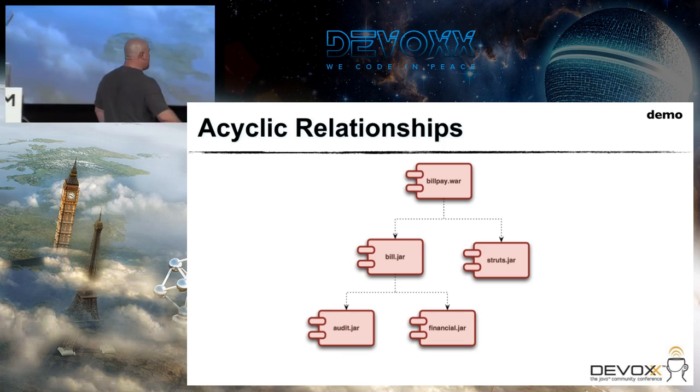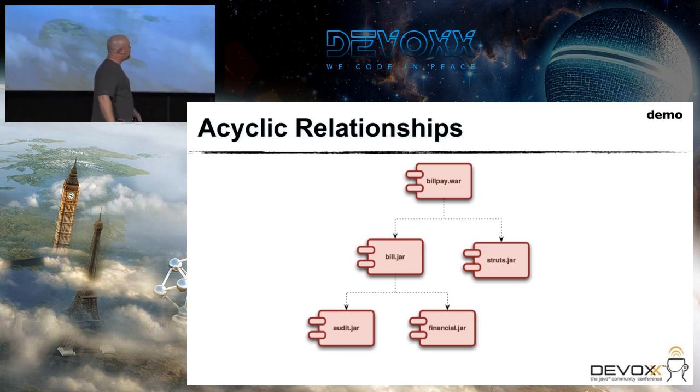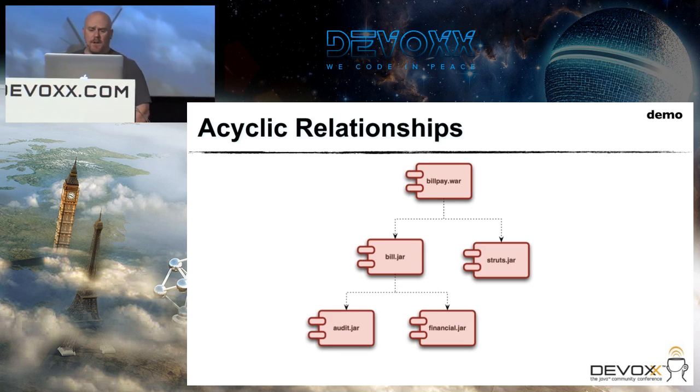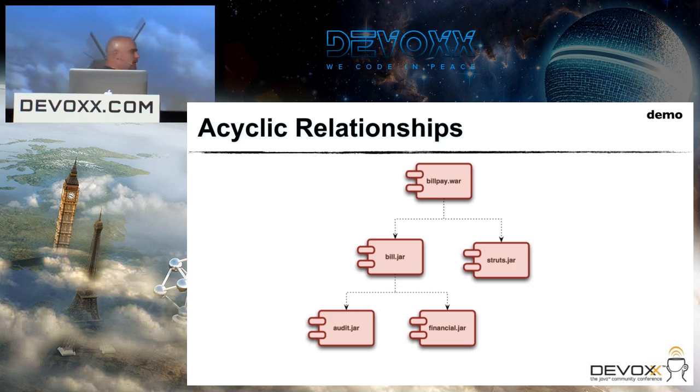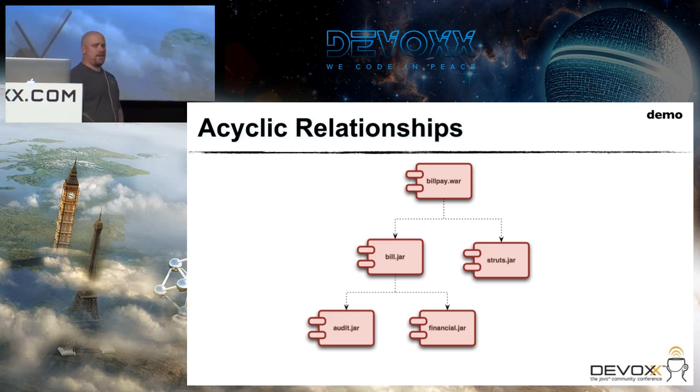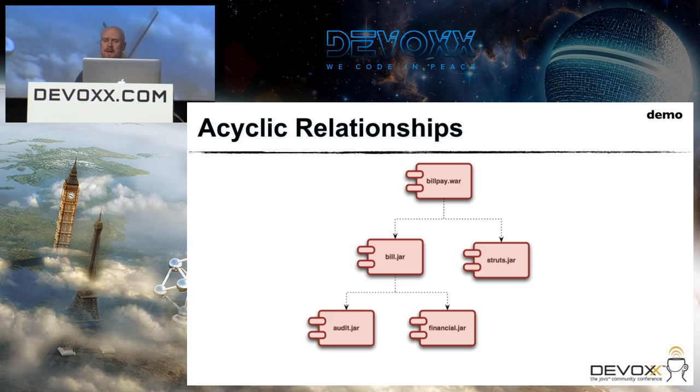Now, how does it help aid understanding? I know that if I change something in the bill module, the ripple effect of change has to be confined to anything that is dependent upon it.